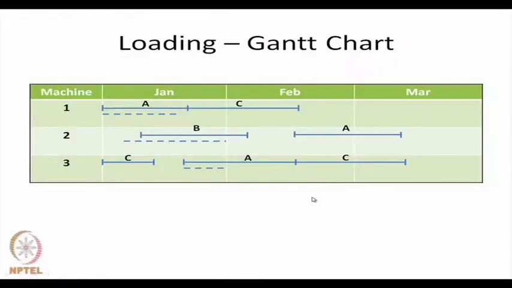That means the dotted lines are put so as to indicate whether the work has started ahead of time, the work is completed on time, or the work is behind schedule. So, these charts are very important and are called Gantt charts for order control, and this is the Gantt chart for machine loading.